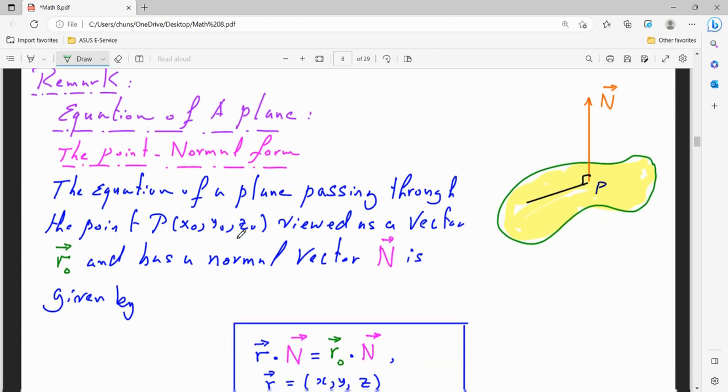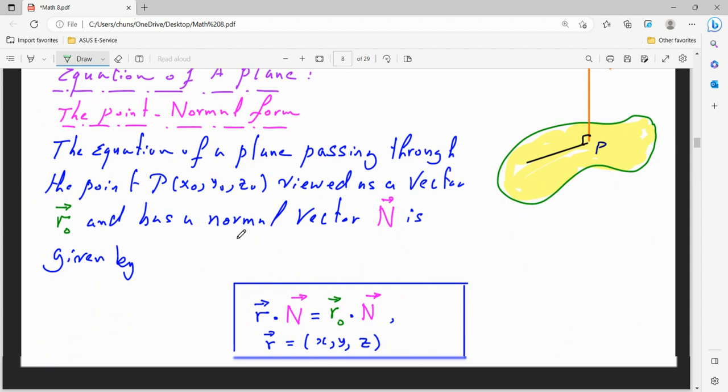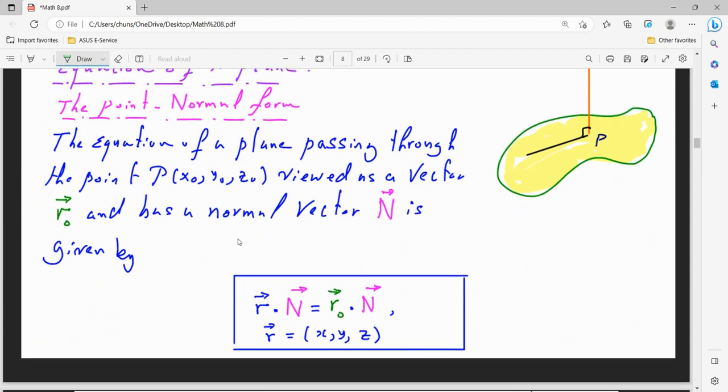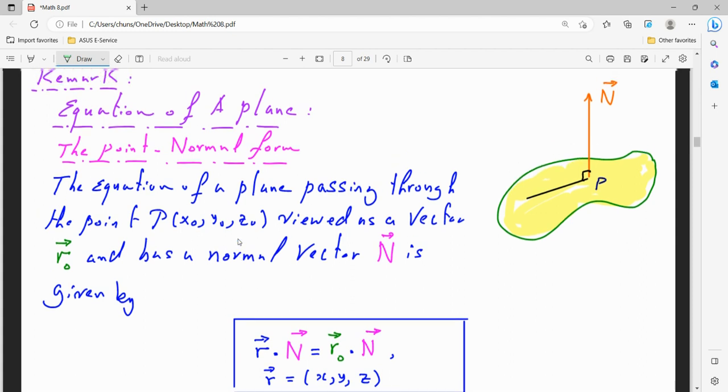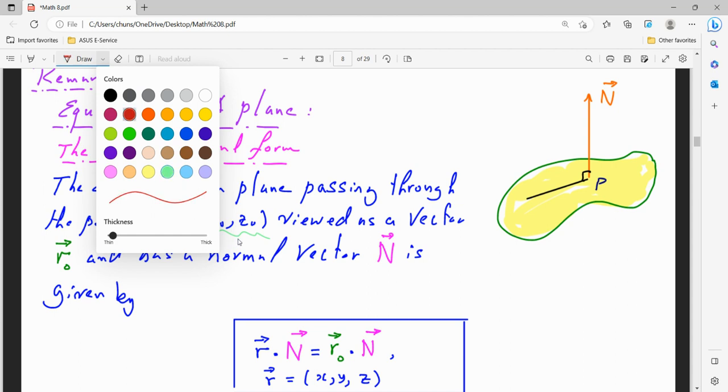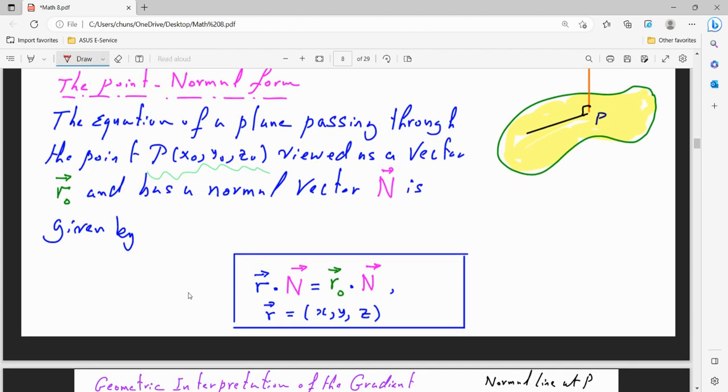Okay, so next we're going to be talking about equations of planes. So as a remark, an equation for a plane looks like this form here, where a normal line is a vector that passes through, so that's perpendicular to a surface, and it's passing through a certain point given here, and we'd use this equation to define it.